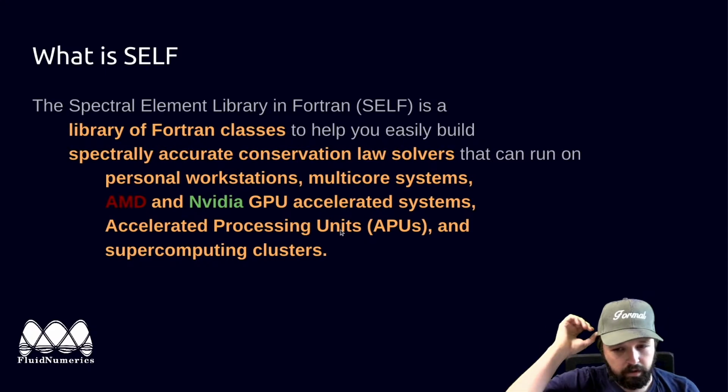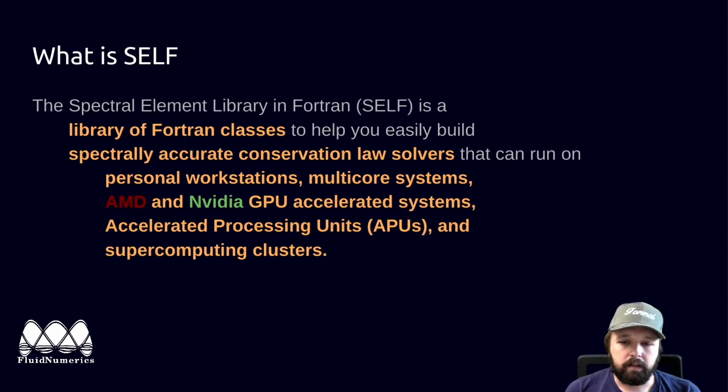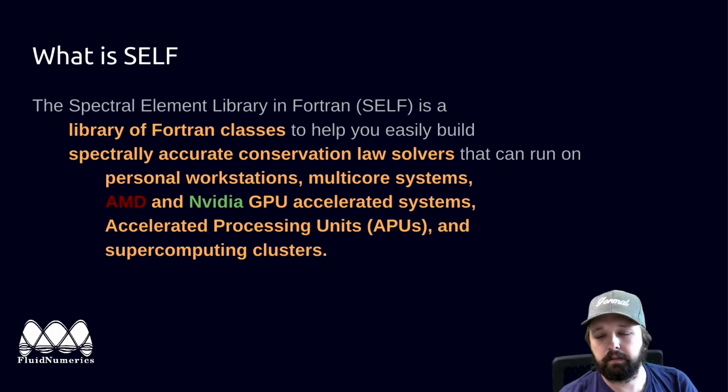For those of you who don't know, I think many of you do know what SELF is, but just to make sure we're all on the same page, SELF is a library of Fortran classes. It's built with object-oriented Fortran. The goal is to help you build spectrally accurate conservation law solvers that can run on a variety of systems: personal workstations, multi-core platforms, AMD and NVIDIA GPU accelerated platforms, accelerated processing units or APUs, as well as supercomputing clusters.